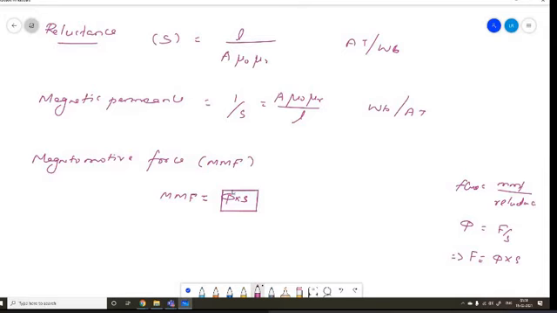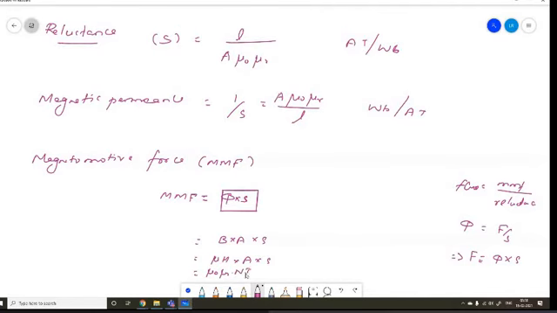And the other relation, we also know that this phi is equal to B into A. And this is S. So how will I write B? B is nothing but mu into H. So phi into S is mu 0 mu r, and what is H?